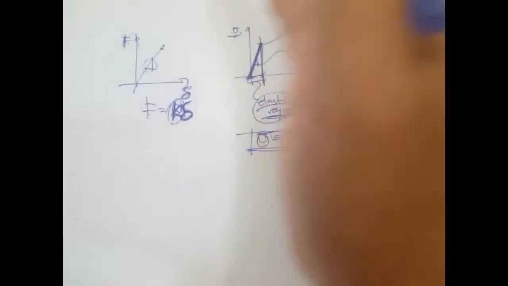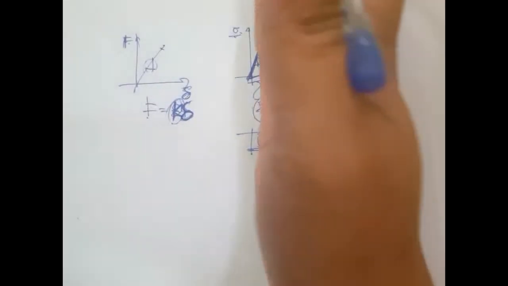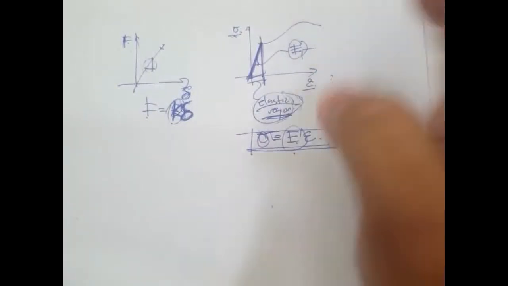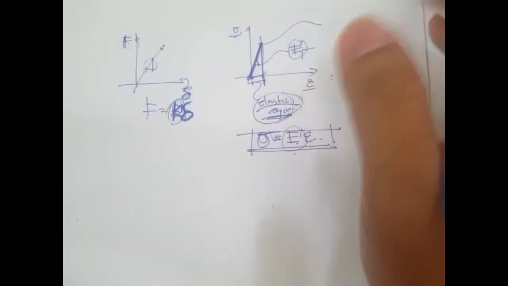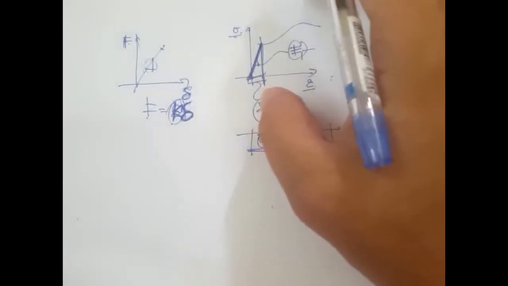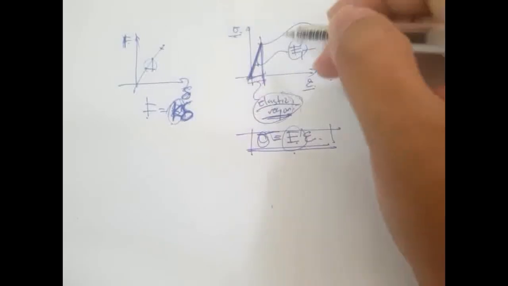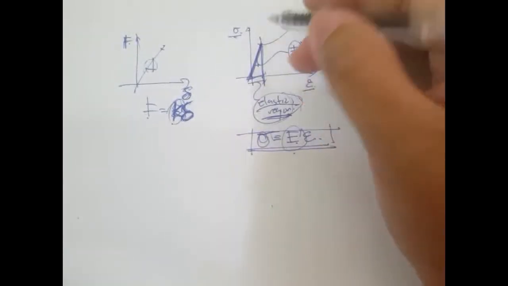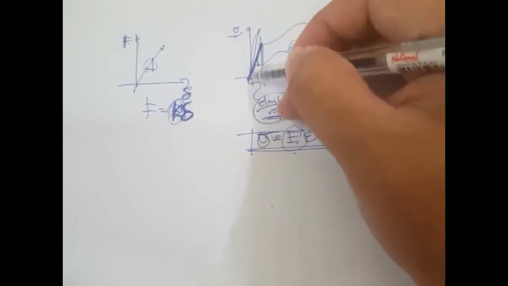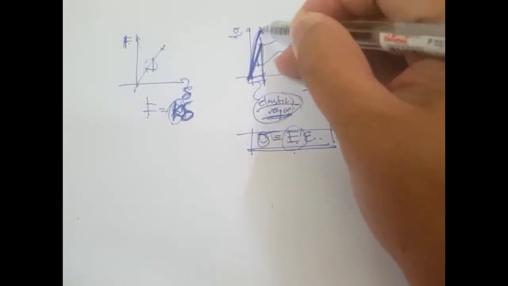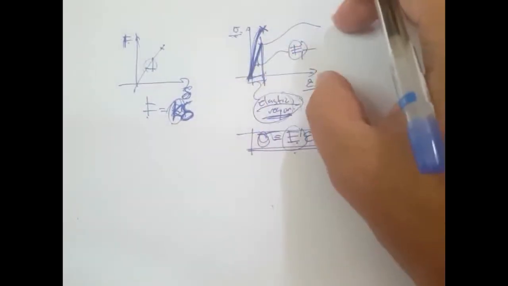If we reach this other region, then we would need a different type of analysis. Also, different materials will have different stress strain curves. For example, brittle materials sometimes just have something like this, a non-linear curve, and then it just breaks at this point. They don't have this plastic behavior.